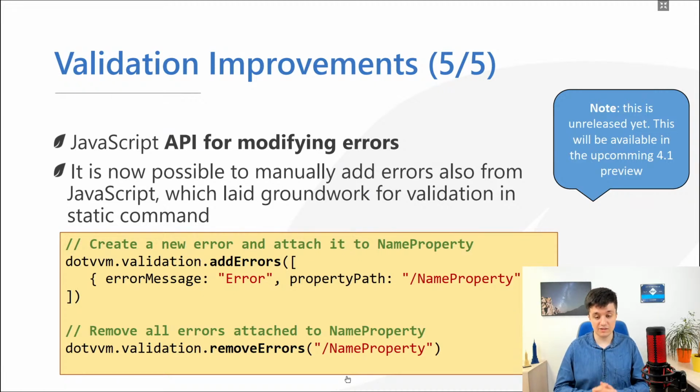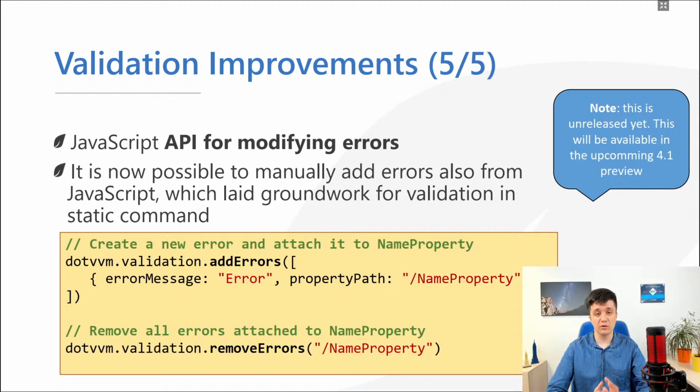So yeah, this is also a pretty exciting change, although apart from those previous ones, I'm not really expecting many users to use this one, but it's also important that it is there. So these were the validation improvements that we did, I mean, the most important changes that we did for validation in DotVVM 4.0.